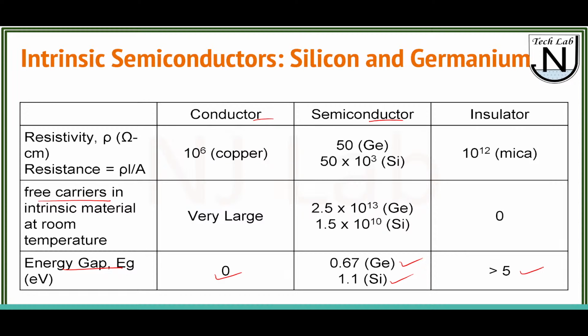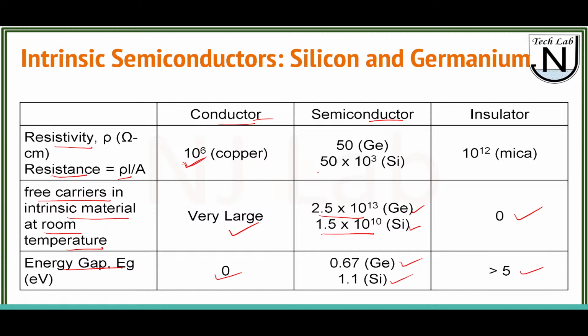And accordingly, as we already discussed, for intrinsic material at room temperature, a conductor has a large number of free electrons available, whereas for germanium we have 2.5 into 10 power 13, and for silicon it is 1.5 into 10 power 10. For an insulator we have 0 charge carriers, and due to the 0 charge carriers there will not be any current. Now when we talk about the resistivity, in the conductor the resistivity increases with the increase in temperature.